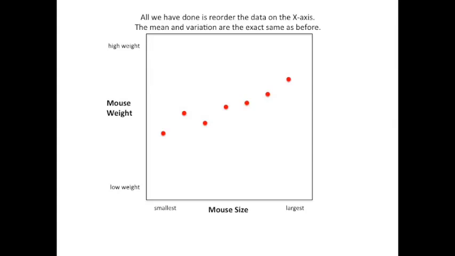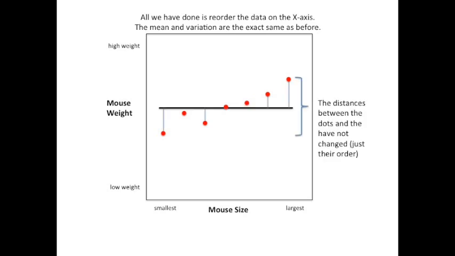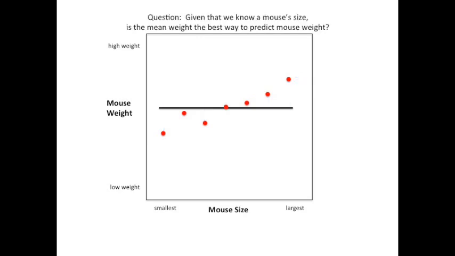The mean and variation are the exact same as before. Here, we show the mean again as a black bar that spans the graph in the exact same location as it was before. Also, the distances between the dots and the line have not changed, just the order of the dots.